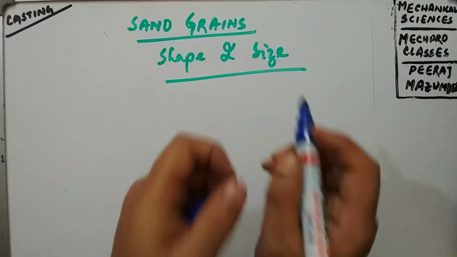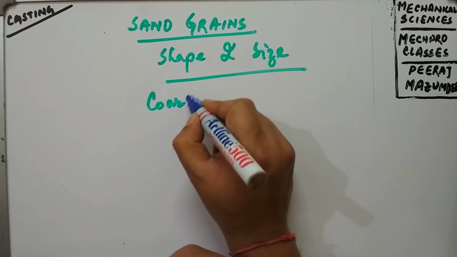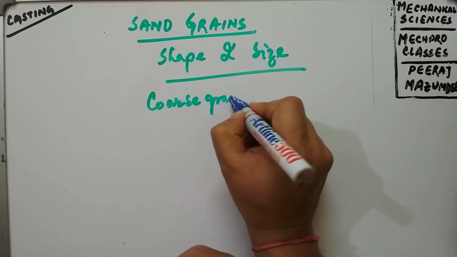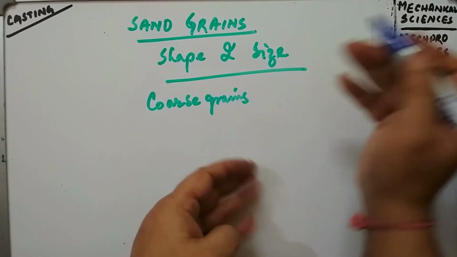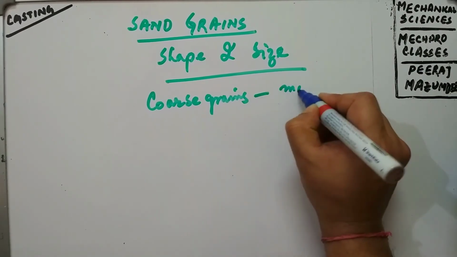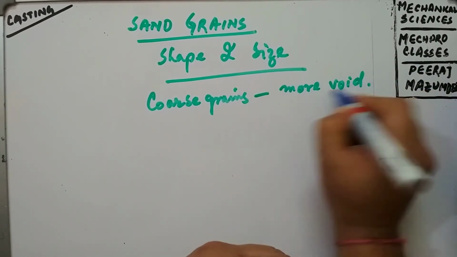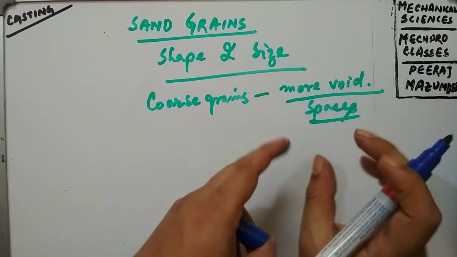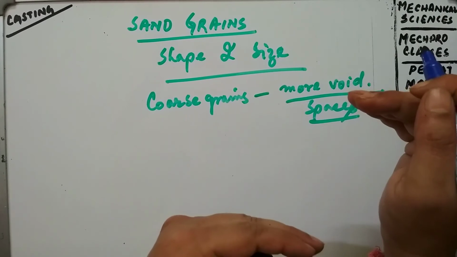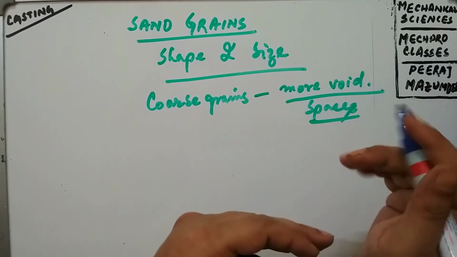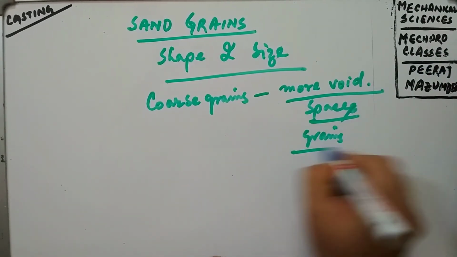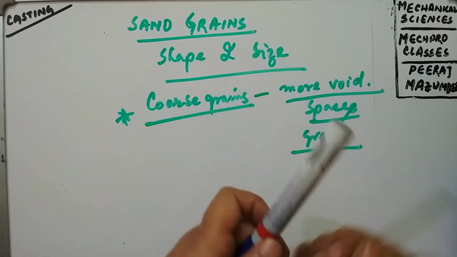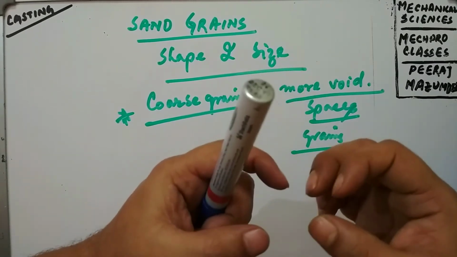Look, the coarse grains, coarse means not finer, have more void spaces between the grains because they are irregular, not finer.